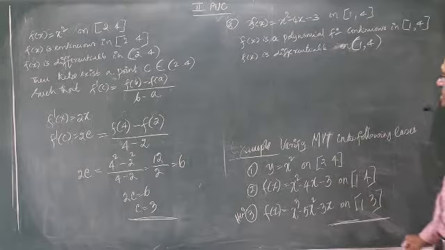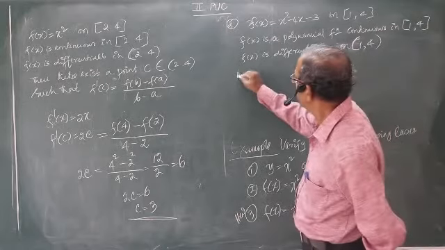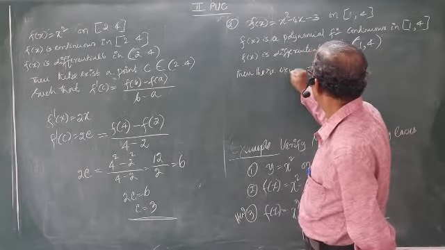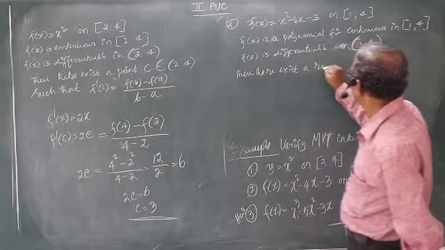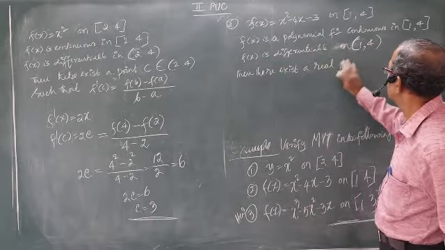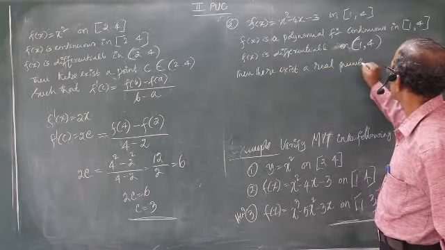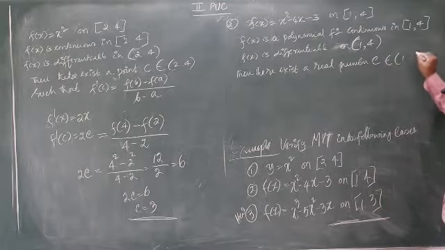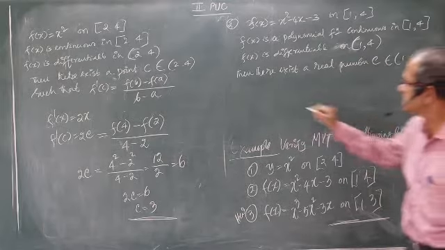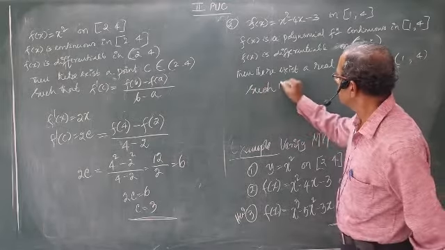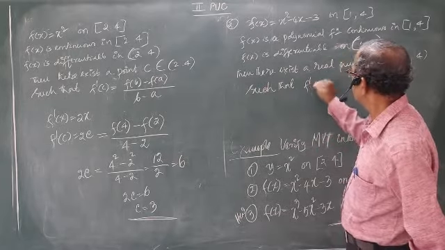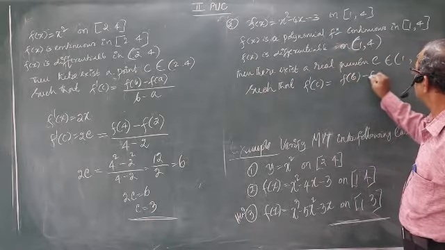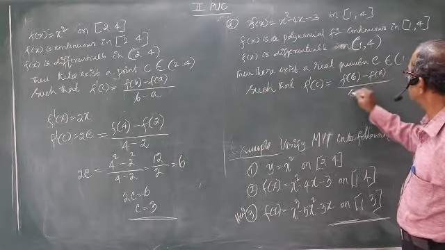Then there exists a real number or point C belonging to 1, 4 such that f dash of C equal to f of b minus f of a by b minus a.